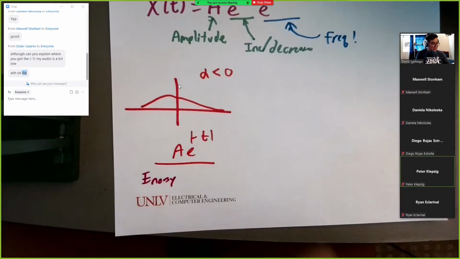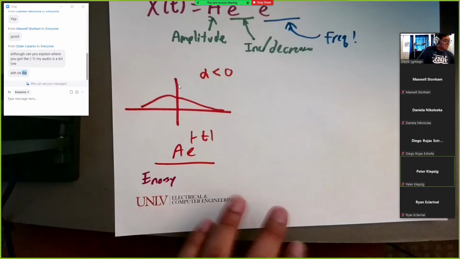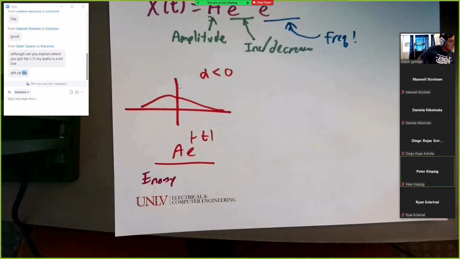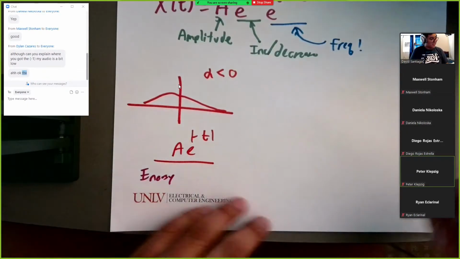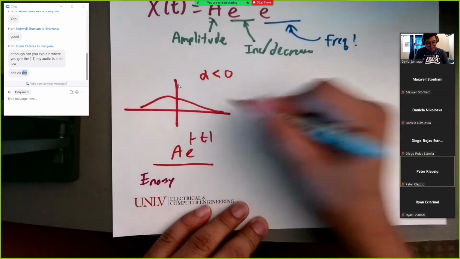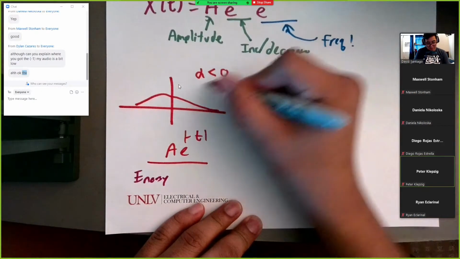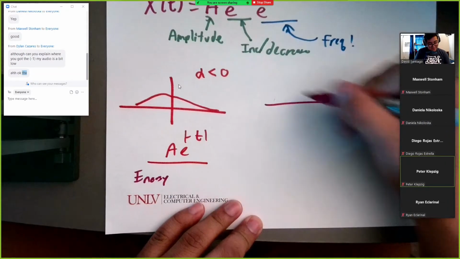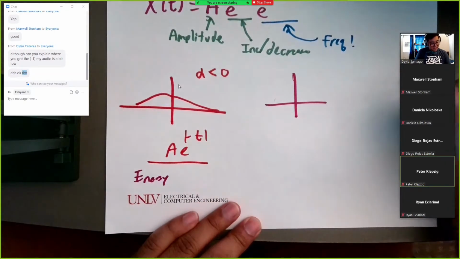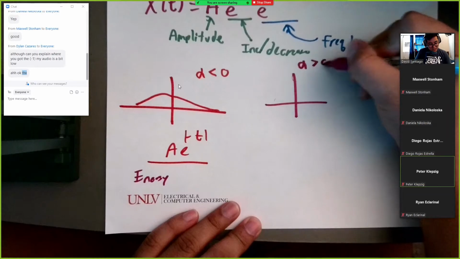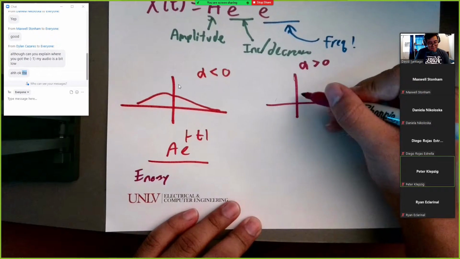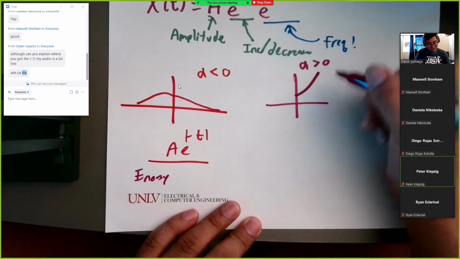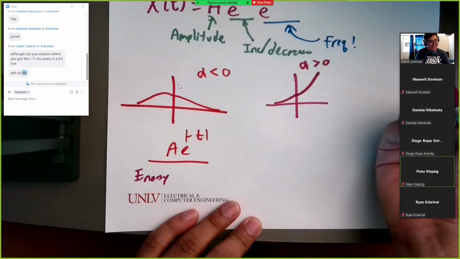Let me move these notes and check my other notes. Actually, let me try to explain this better. If alpha was a positive number, then you get the case where it just increases like that.